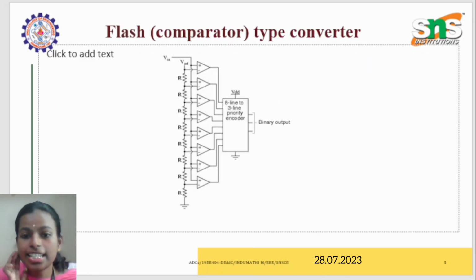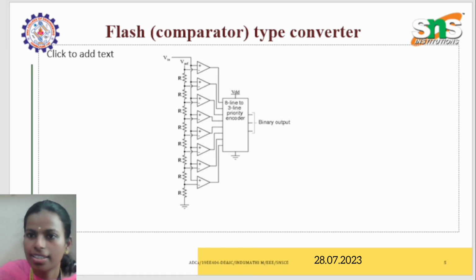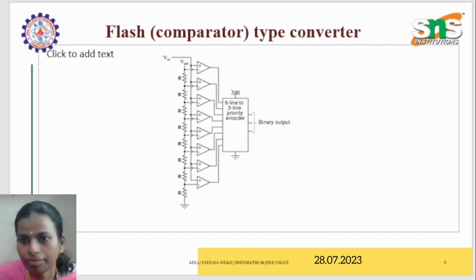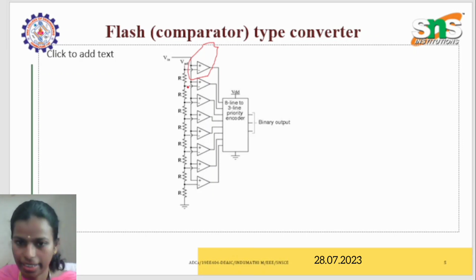Next one is the flash type converter. Here you can see the flash type. In the flash type converter, we use comparators. We have used n number of comparators and an encoder here, which is an 8:3 priority encoder.